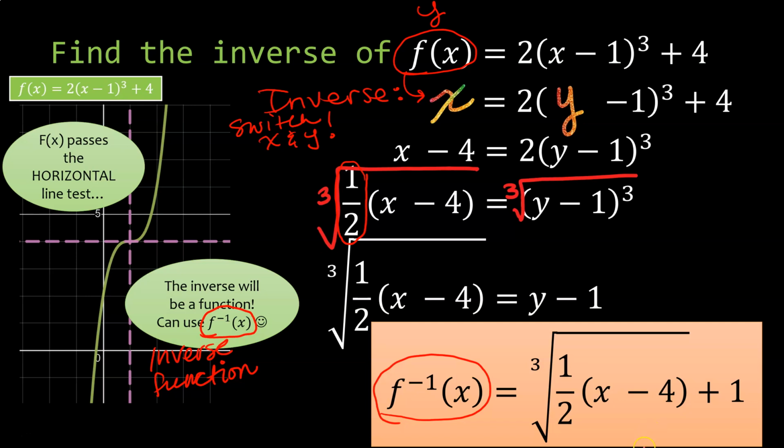Switch x and y, and then solve for y. So step 1, switch x and y. Step 2, solve for y. And then check. If the inverse is going to be a function, then we use function notation for inverse.